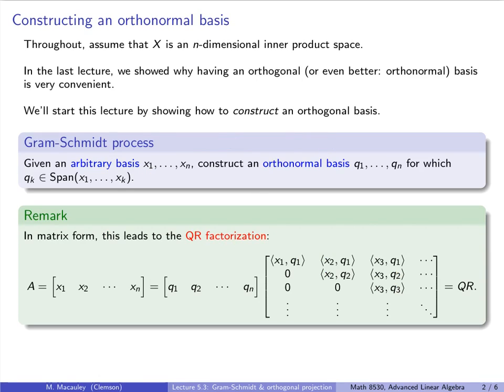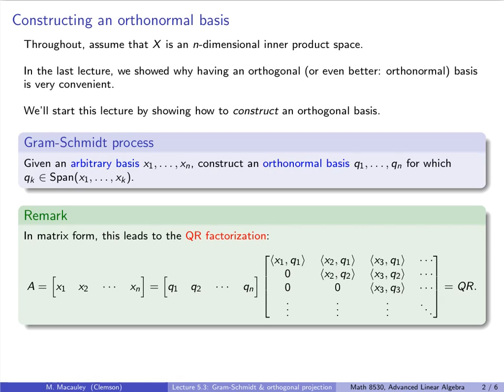In matrix form, this leads to the so-called QR factorization or decomposition of an invertible matrix A, in this case defined by taking our input basis, x1 up to xn, and putting those as columns.